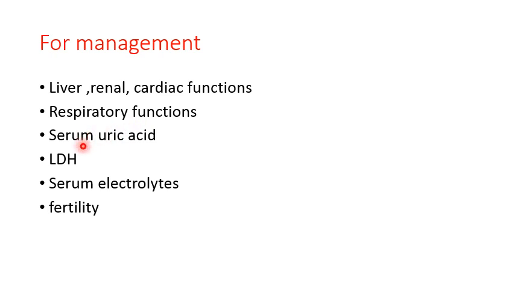And serum uric acid is important to see whether the patient has a complication called tumor lysis syndrome. Sudden lysis of areas of tumor mass can increase the uric acid, so this is very important. LDH again indicates cell lysis, and serum electrolytes are also important.